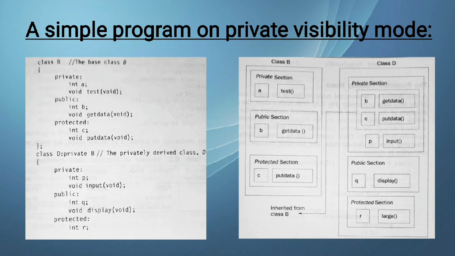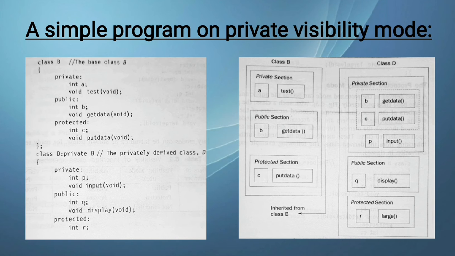So the derived class D has no access to the private members, that is int a and void test. It can have access only to the public and protected members.